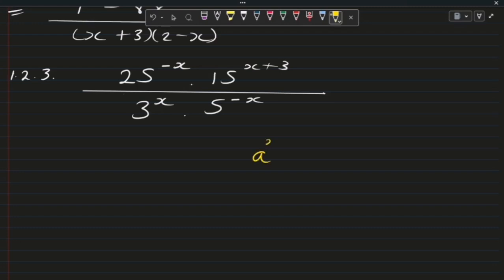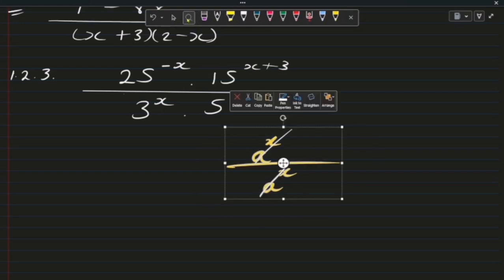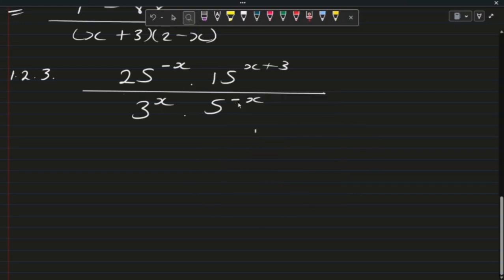I'm hoping for a situation like this, whereby I have one thing as a numerator and another thing as the denominator, and these things are exactly the same, and because of that, I can cancel them. This is what I am hoping for in order to make this situation simpler.